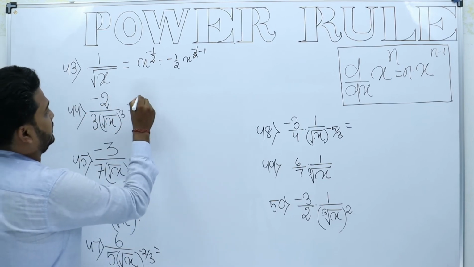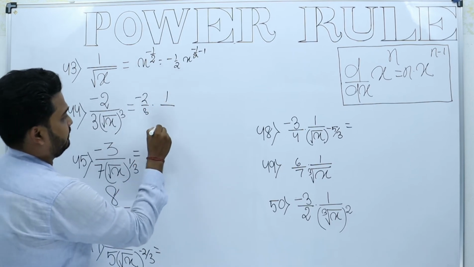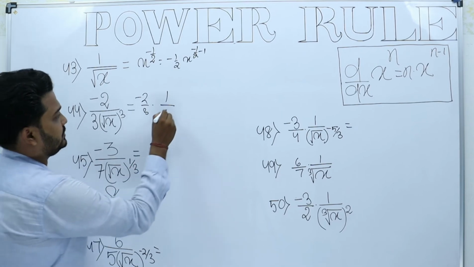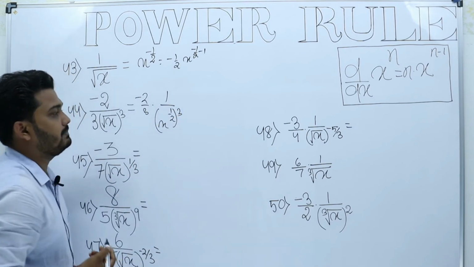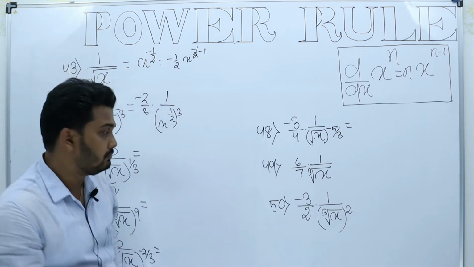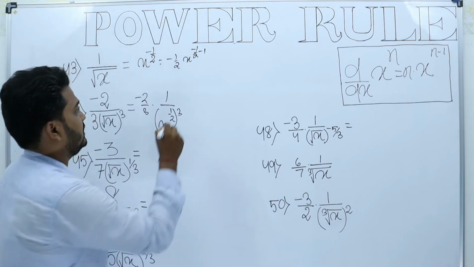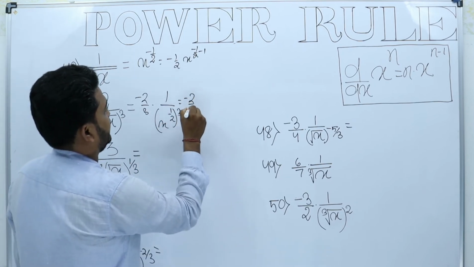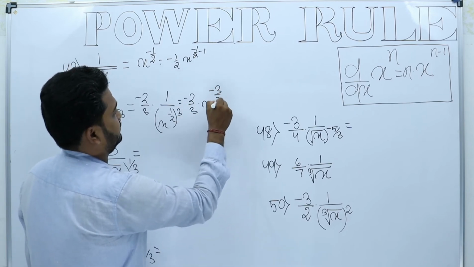That means here minus 2 by 3 is constant and x has the root. Root means the power is 1 by 2 and the whole power is 3, and power of power will get multiplied. 1 by 2 into 3 is 3 by 2, but 3 by 2 is the power in the denominator, but in the numerator the power will be minus 3 by 2, so minus 2 by 3 into x to the power minus 3 by 2.